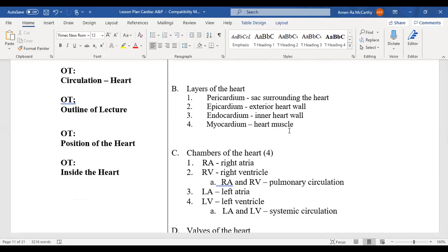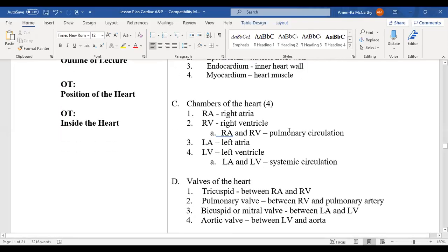Which one of those inflammations can cause cardiac tamponade? Pericardium. So pericarditis can lead to what? Pericarditis leads to cardiac tamponade. Cardiac tamponade, which means it's just blood filling inside the sac, compressing on the heart. That's cardiac tamponade. All right?